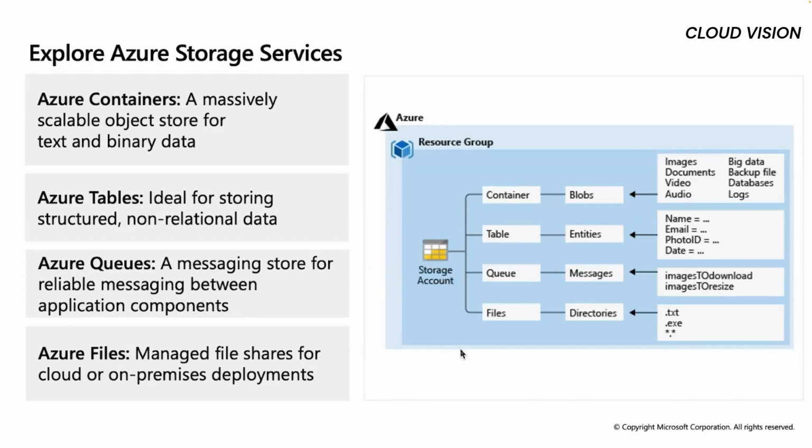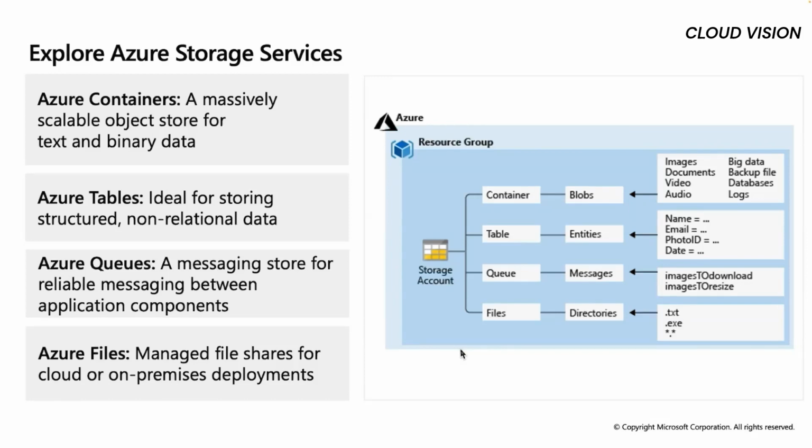If you'd like to store a table structure or entities, then you can use table storage. This is not like an RDBMS, but it is a type of storage where we want low latency connectivity to a certain type of data. We can use queues as well.